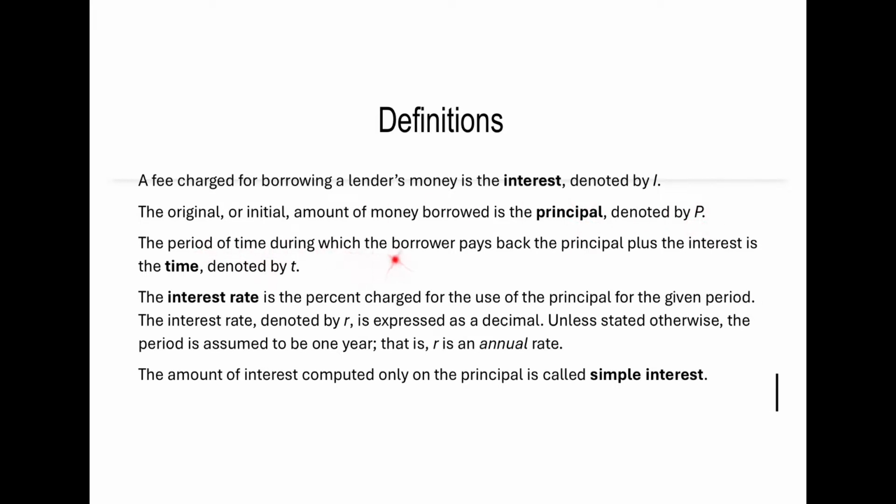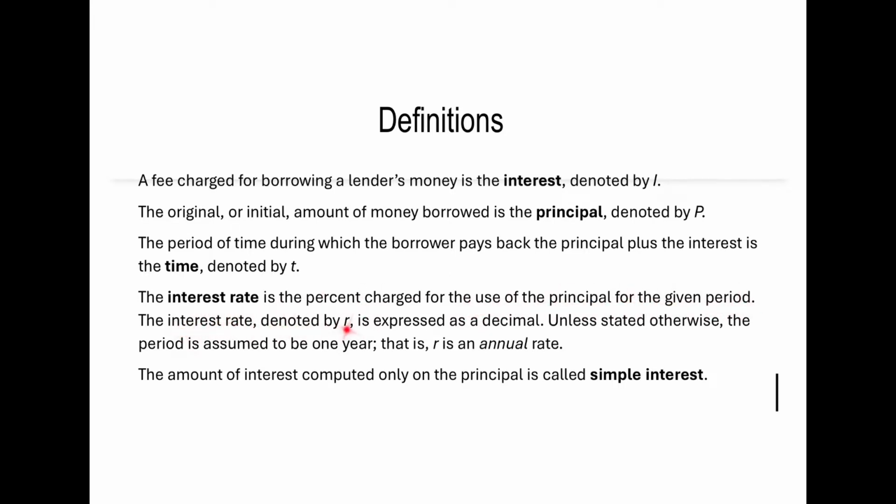The time period during which the borrower pays back the principal plus the interest is time, denoted by T. Sometimes it's years, but it can be other values. The interest rate is the percent that's charged for the use of the principal for our given period.